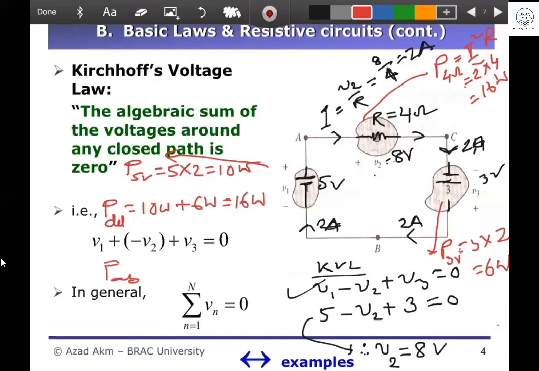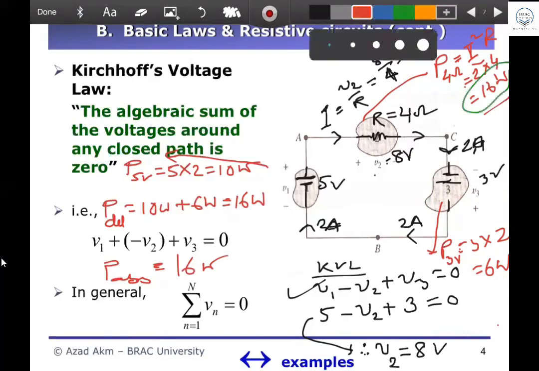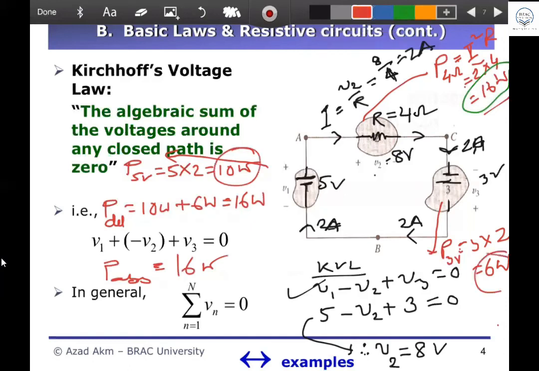And P absorb is 16 watt by the resistor. So these two batteries deliver 6 watt and 10 watt together, and this resistor is absorbing the total power of 16 watt. You understand it? Yes, sir. So it conserves the energy. It's an energy conservation or power conservation rule you can see here.